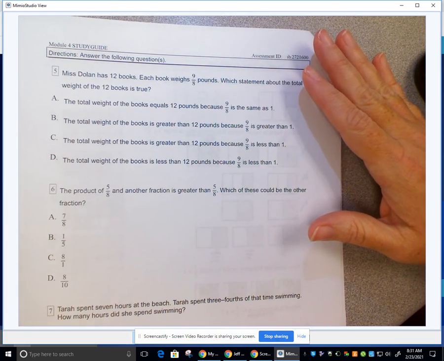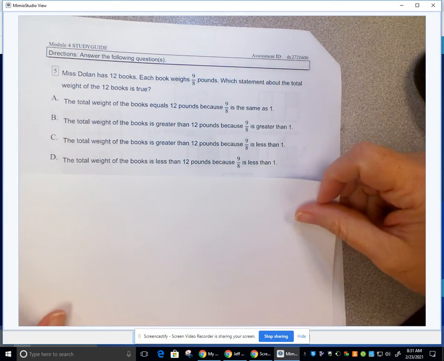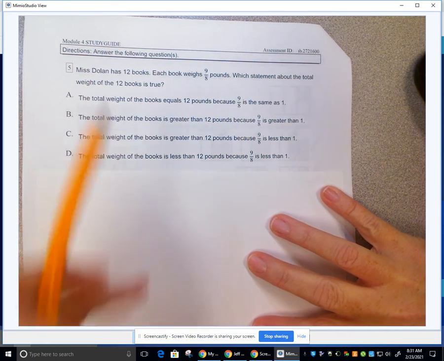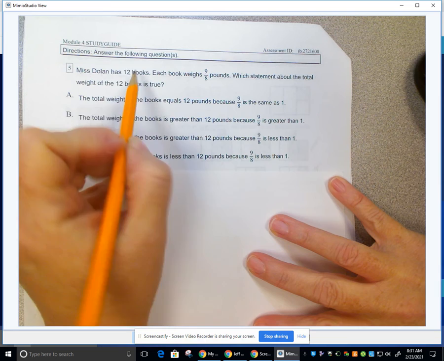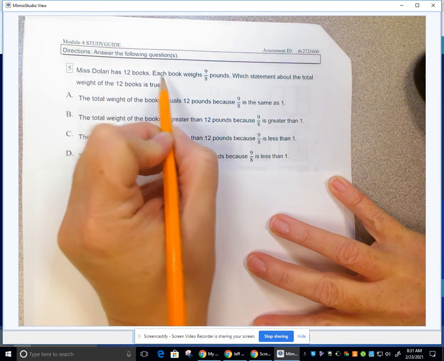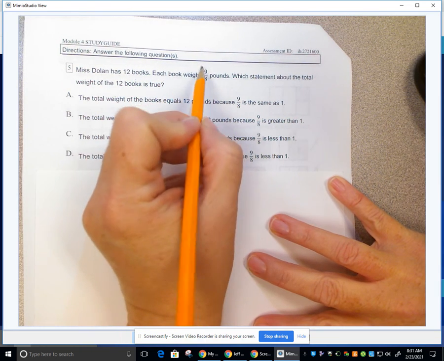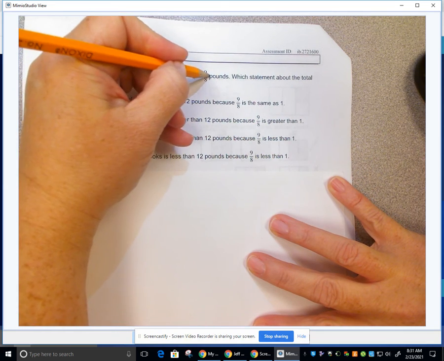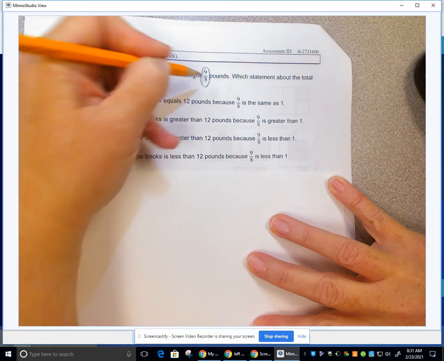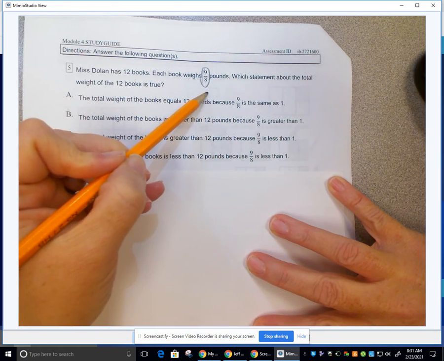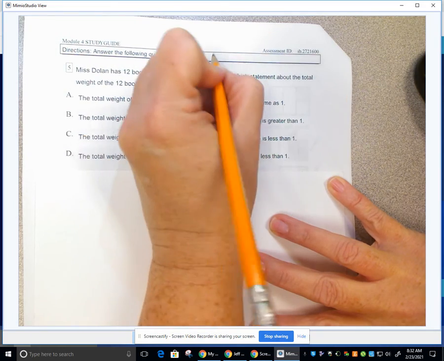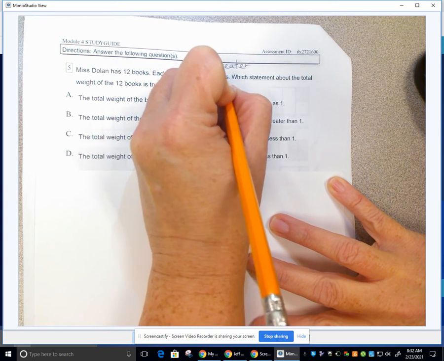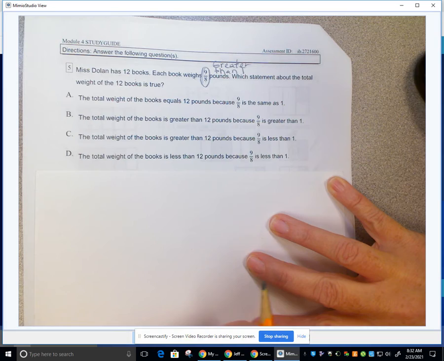All right. Number 5 is one of these. I'm going to cover all these just to keep all this wordiness from blending so much. It says Miss Dolan has 12 books. Each book weighs 9/8 pounds. Now, what do you notice about that 9/8 right now? It's an improper fraction. So we know this is greater than 1.